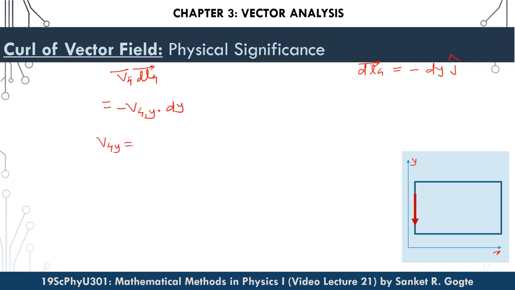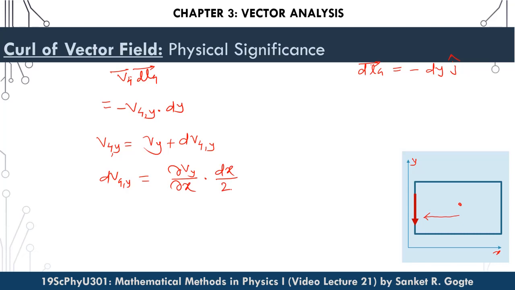v4y is equal to vy, which is the y component at the center, plus dv4y, where dv4y is the total change that occurs in the y component when we move from the center to this line, which is equal to dou vy by dou x into dx by 2.